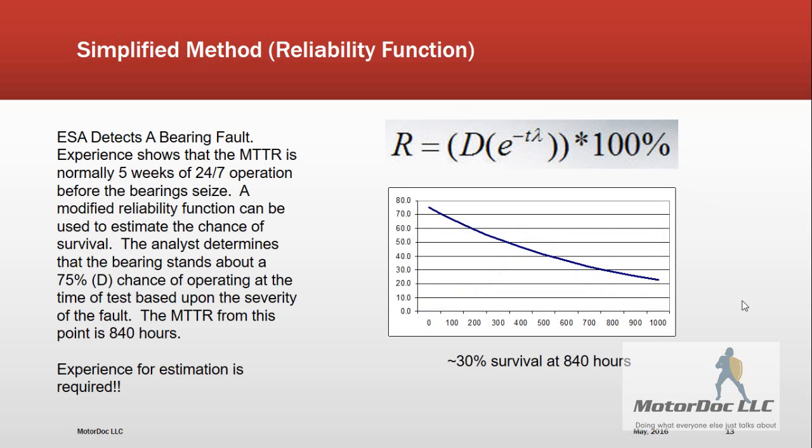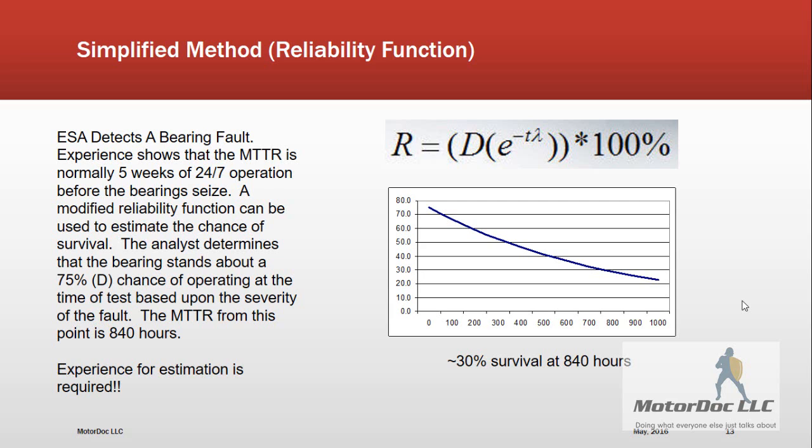Without detailed studies, the analyst can rely upon history, records, or experience to determine the chance of survival using the reliability function. For instance, if a bearing fault is detected and it is known that the MTTR after fault detection is about 5 weeks of 24/7 operation before the bearing seizes, a modified reliability function can be used.